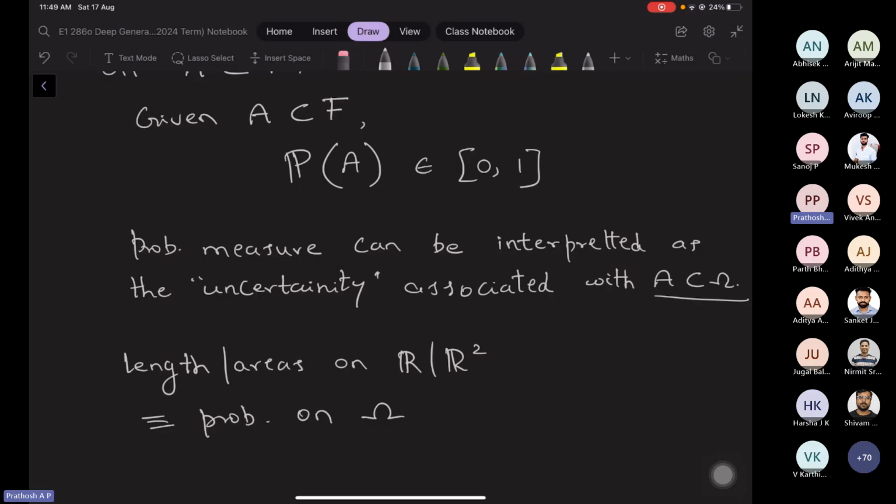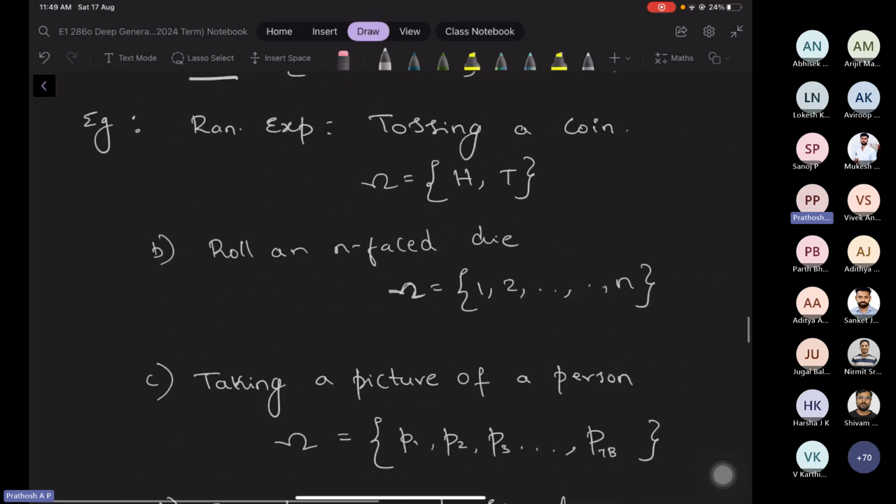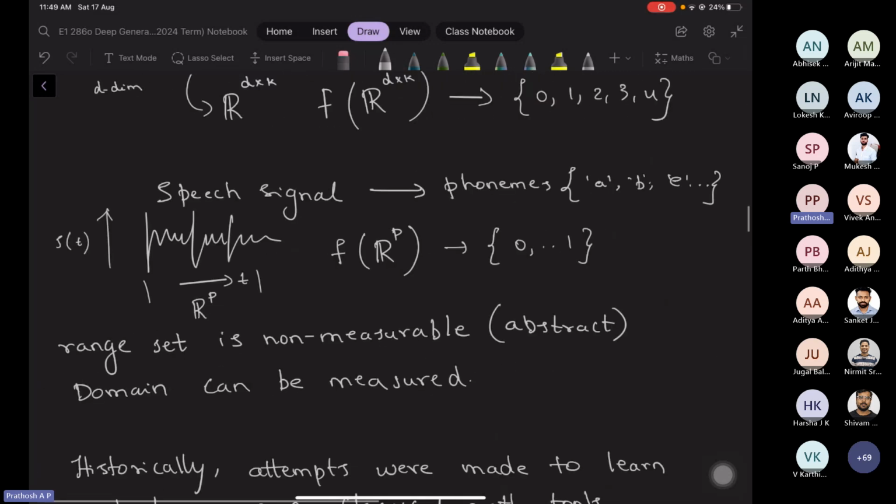Now, I just made this statement, remember that we are interested in this function learning business, and we came up with this paradigm called probability theory. So let me go back. I think it's a very nice analogy here.